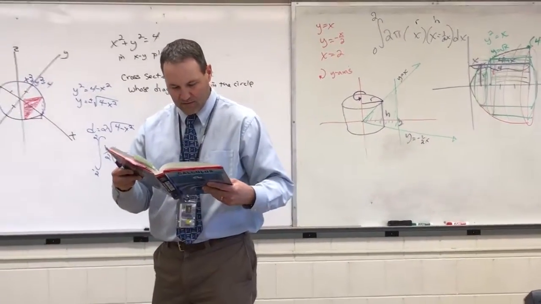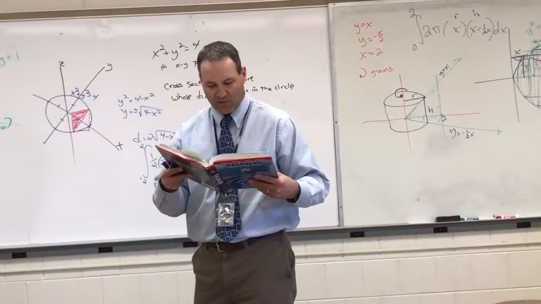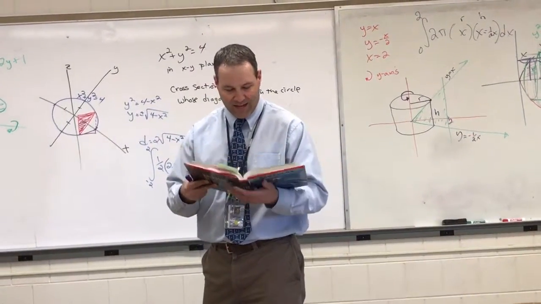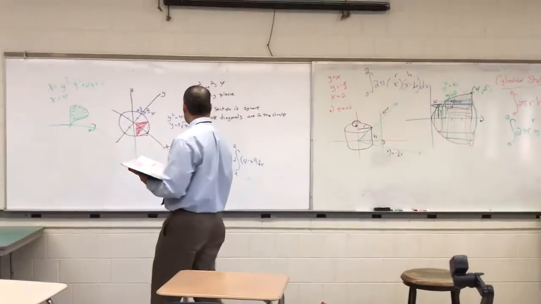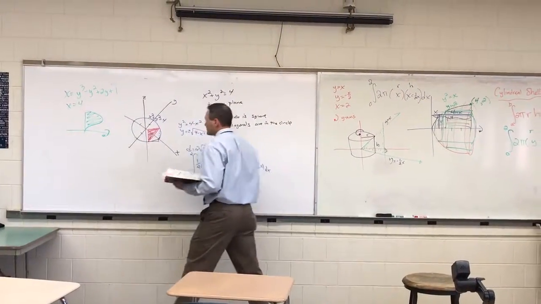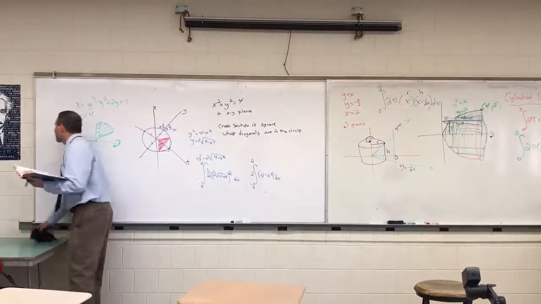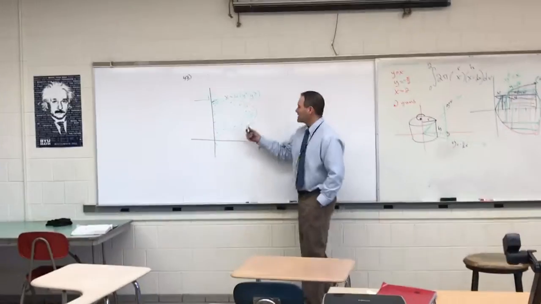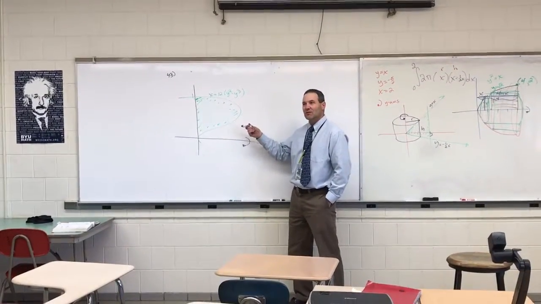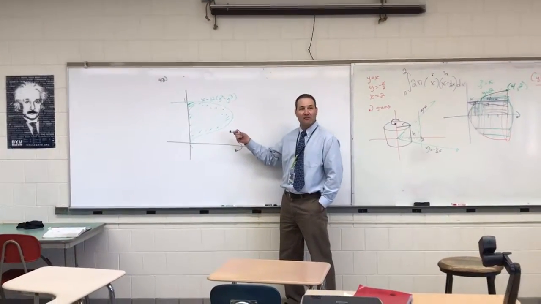Let's start 43, and we're going to do one that's not the axis. Why don't you try 43A, so you can set it up. Shell method. Do you see that we could not use the washer method here? It's impossible.